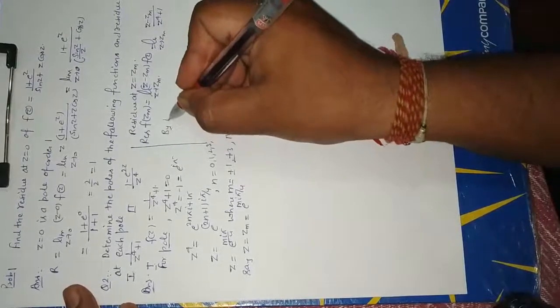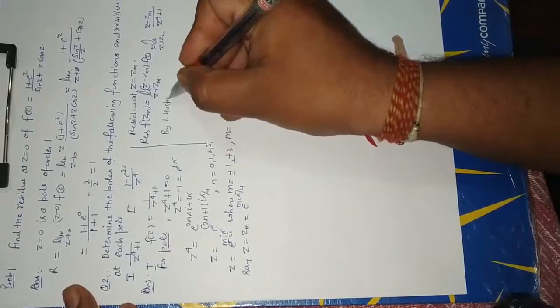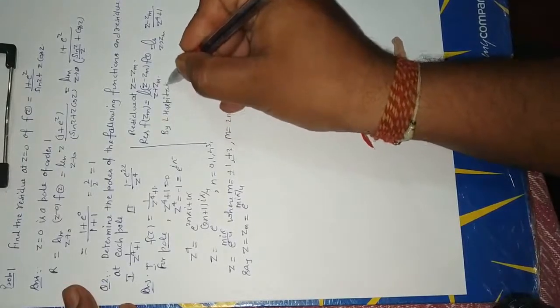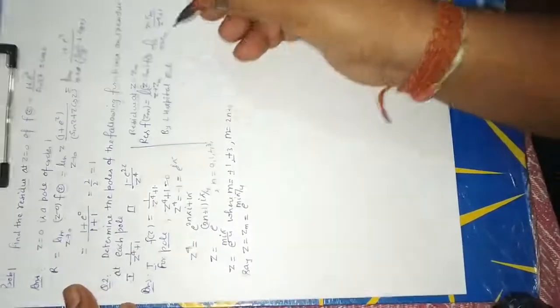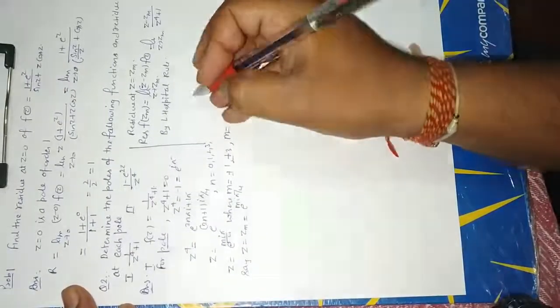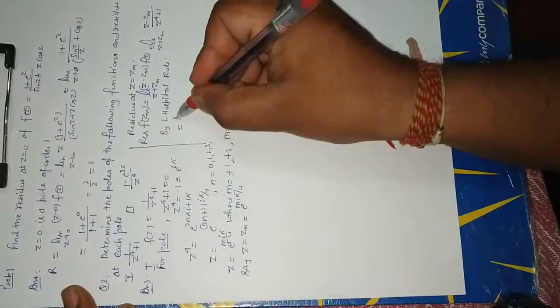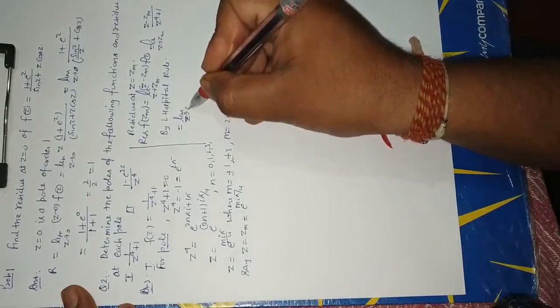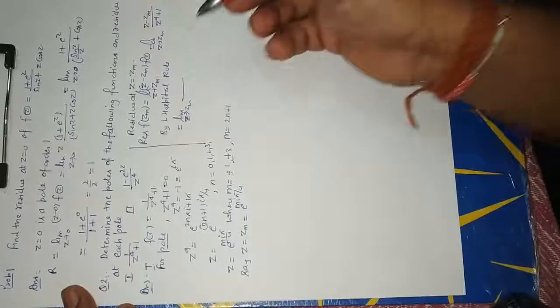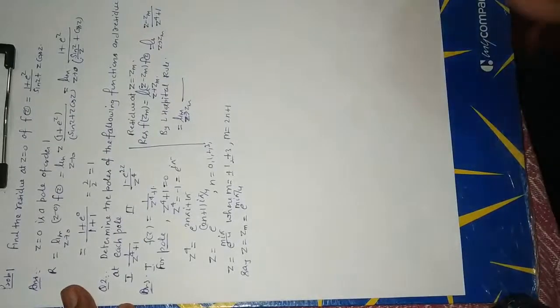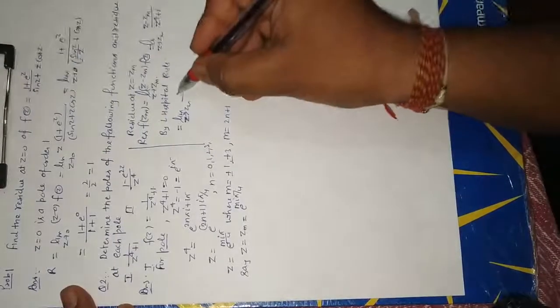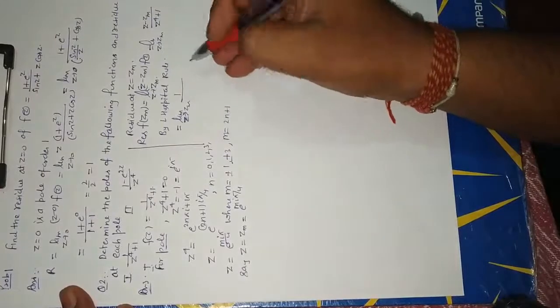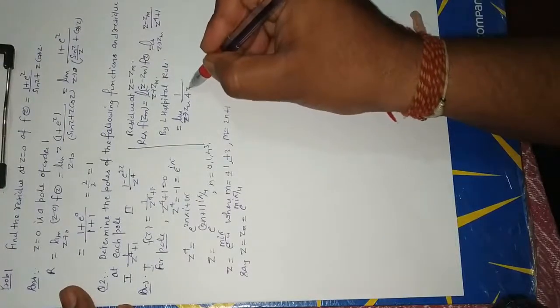So by L'Hospital rule, this is equal to limit z tending to z_m, the differentiation of numerator 1 and denominator 4 z to the power 3.